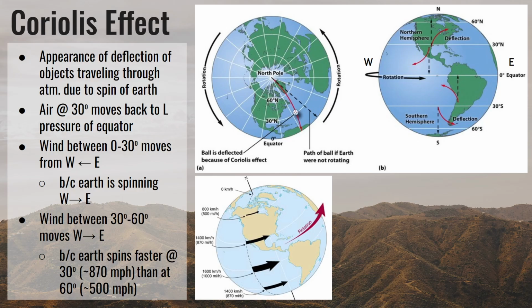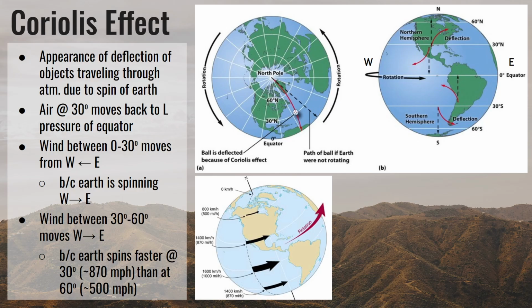Using the example of a treadmill, imagine you're running along a treadmill that's going 15 miles an hour, and suddenly you jump to a treadmill right next to you that's moving in the same direction, but it's only moving 2 miles an hour. So it's moving far more slowly. You're going to have so much momentum coming from the 15 mile an hour treadmill and then jumping over to the 2 mile an hour treadmill.